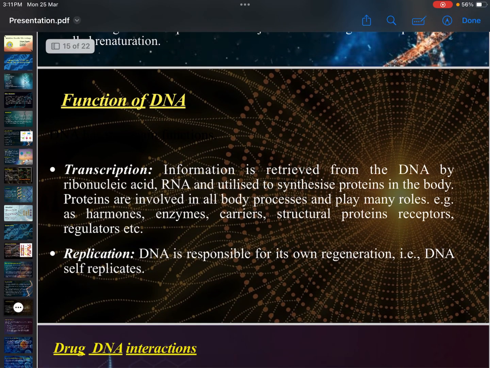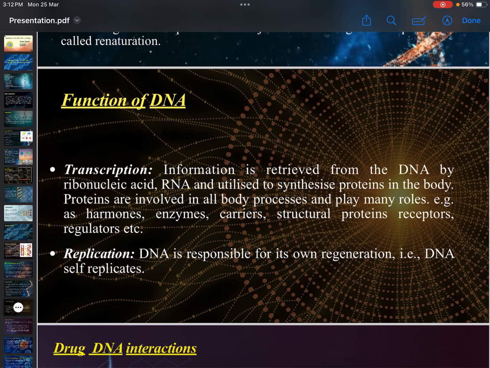Function of DNA. Transcription. What is transcription? Transcription is a process by which DNA is converted to RNA, especially mRNA that codes for a protein, and that is based on the genetic code.